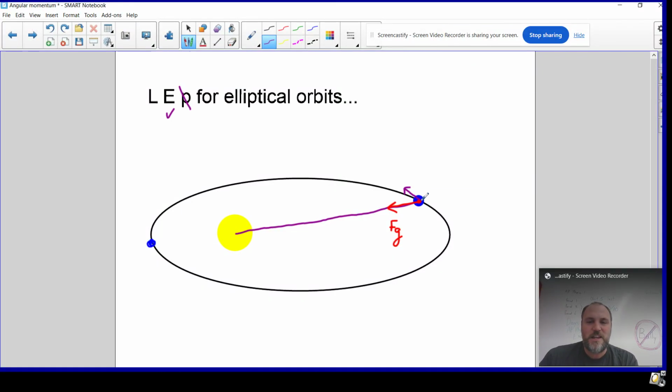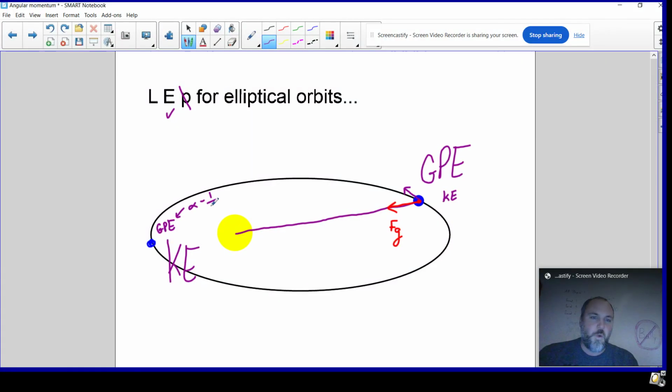Okay. As far as energy goes, we know energy is going to be conserved. Over here, I would say that I have a larger gravitational potential energy, so my kinetic energy is smaller. Over here, as I'm closer to the planet, I have a smaller gravitational potential energy, so a larger kinetic. So I could use conservation of energy to describe why you need to be traveling faster here when you're closer. But I don't love that relationship because we know that the gravitational potential energy is proportional to negative 1 over r.